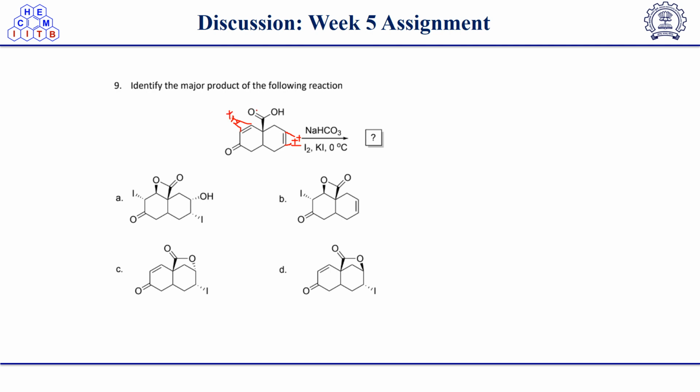So there are two possibilities as you can see, and if this hydroxyl group is opening this iodonium ion from this position, iodine will be coming at this carbon, and it will be a 1, 2, 3, 4, 5-membered ring. On the other hand, if the iodonium ion is getting opened from this carbon, then it will be a 1, 2, 3, 4-membered ring.